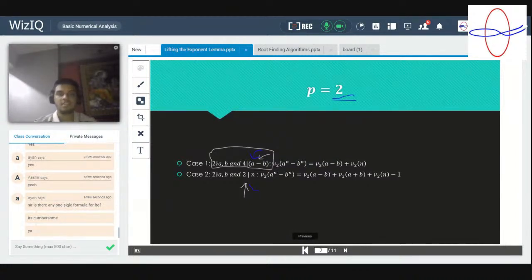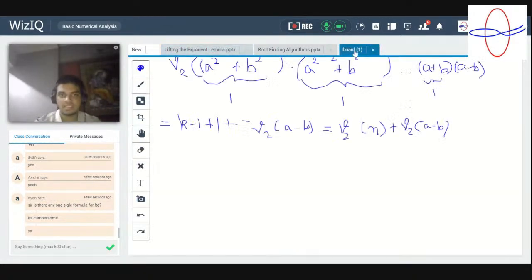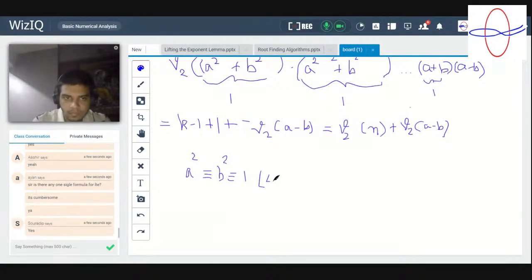Right, so the final case is when 2 does not divide a and b, but 2 divides n. Then what we basically do is, if 2 does not divide a, b, then a square is congruent to b square, congruent to 1 mod 4, right?